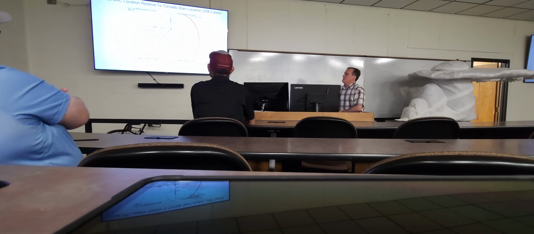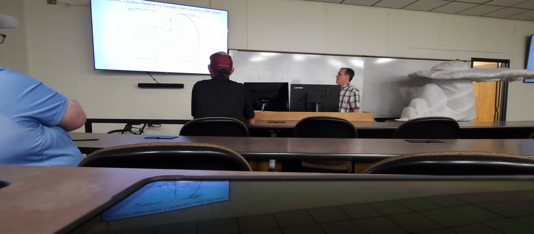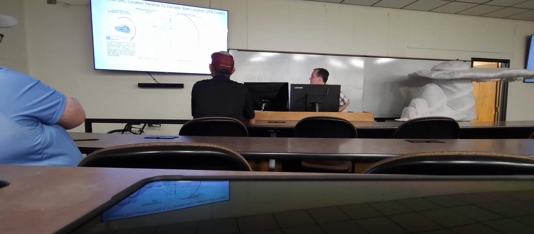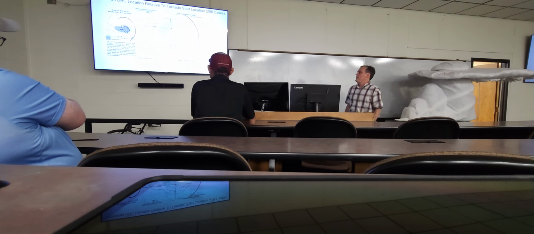So when we look at the locations of where the DRC formed relative to the RFD boundary, we see that there was a very reasonable variance in the distribution. And when we actually contour it, we see the maximum value averaged about 0.4 nautical miles to the southwest of the tornado start location.